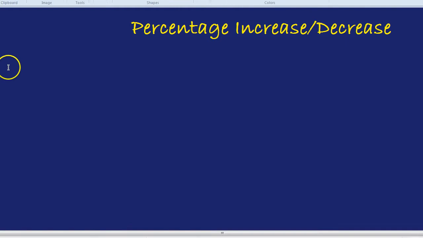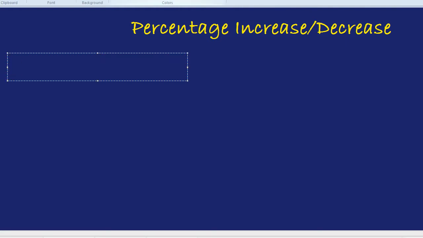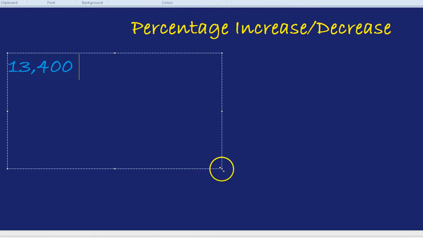Now an example might be the stock market is 13,400. I'm guessing, I think it's roughly around there. And now suddenly someone announces, let's say I announce that I'm going to be the new CEO of Google.